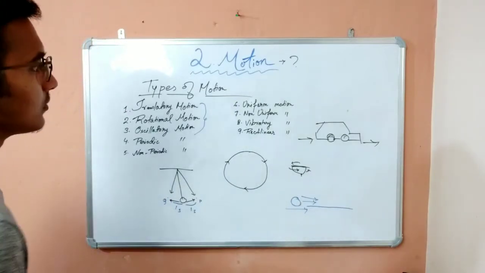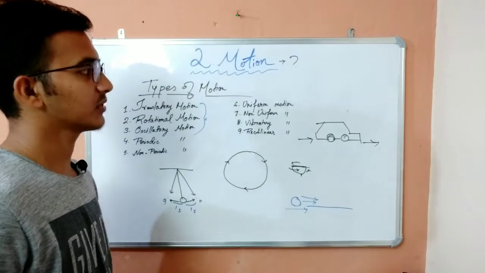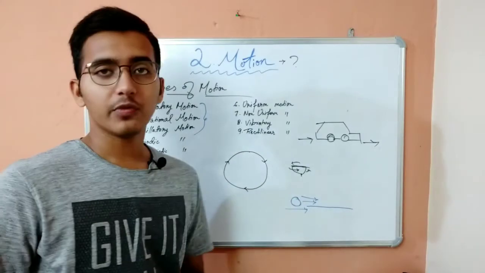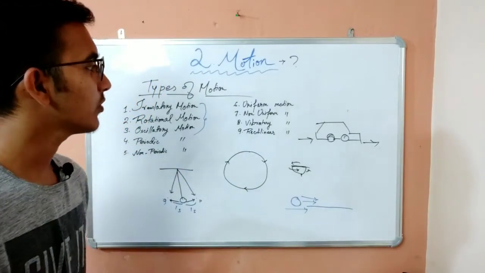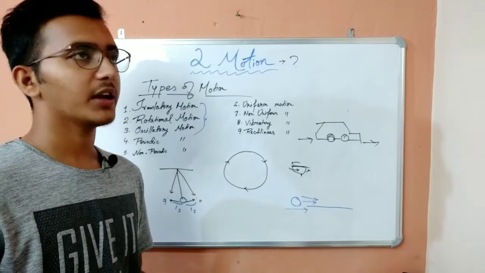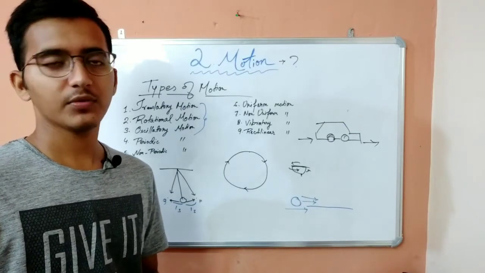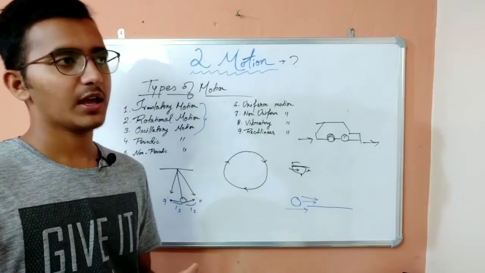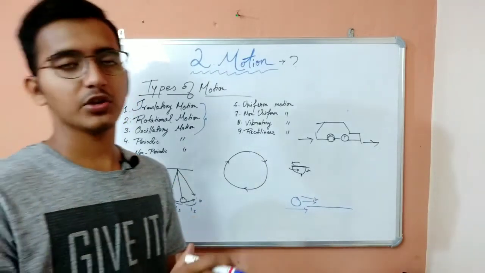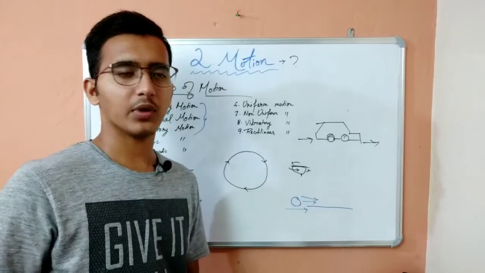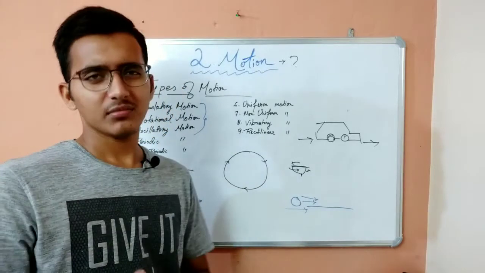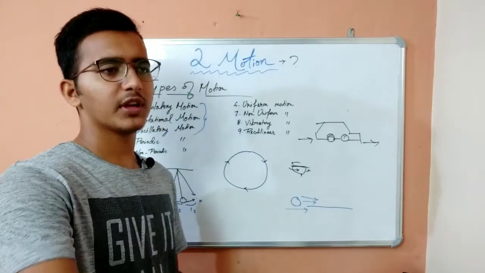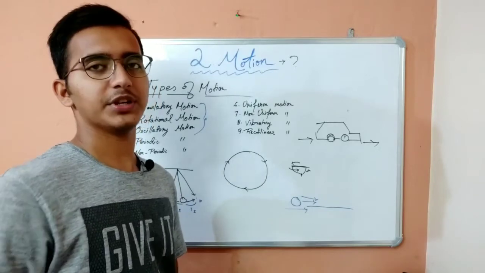Now, uniform motion. Number 6. What is uniform motion? Uniform motion is the type of motion you will find in cars. If you are traveling in a car on a nice highway, at some point you will be moving at a continuous, same speed.